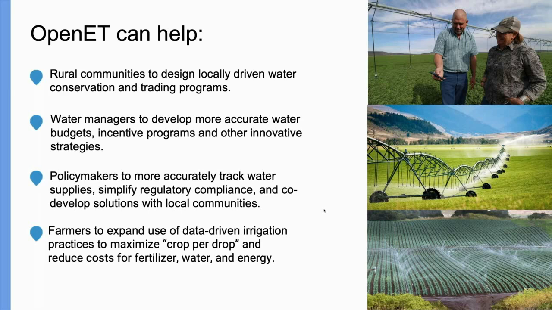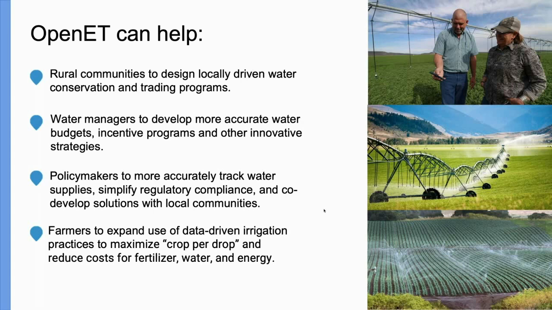OpenET can help with a number of key applications of satellite data for water resources management. In particular, OpenET can support rural communities in designing locally driven water conservation and trading programs that are informed by satellite-based data.